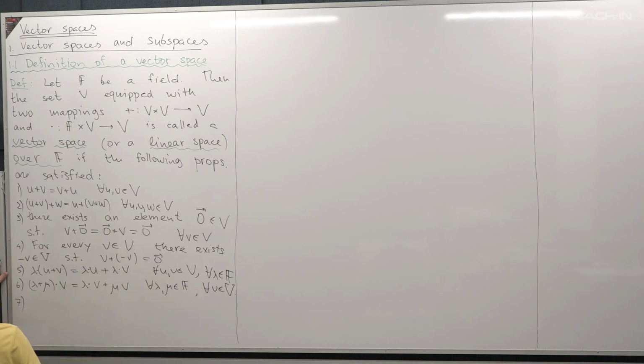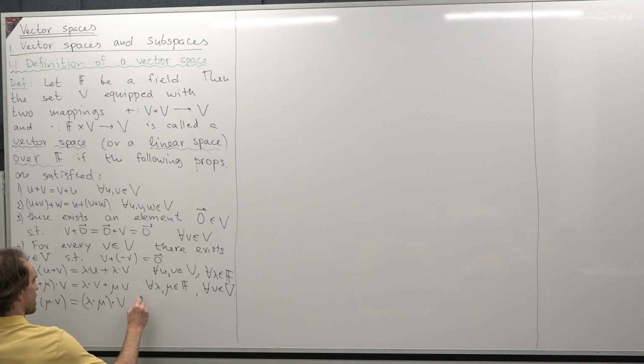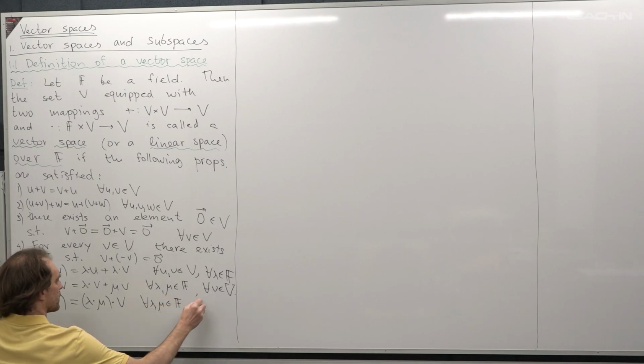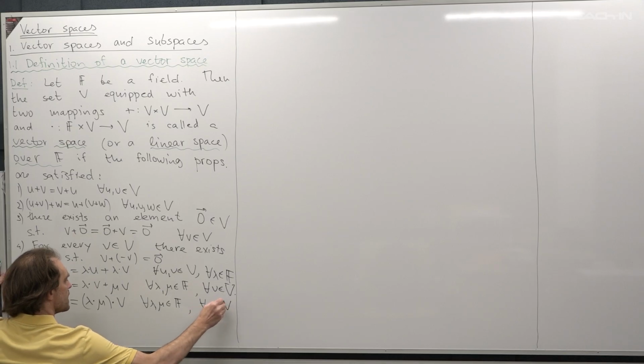And so two more properties, I'm going to fit them here. So lambda multiplied by (mu multiplied by v) equals (lambda multiplied by mu) and then multiplied by v, for every lambda and mu from the field and for every v from V.